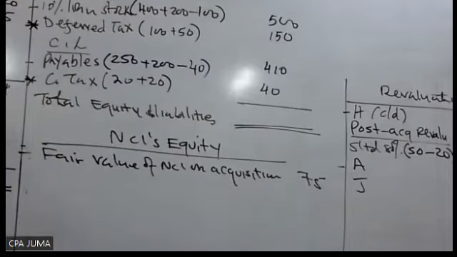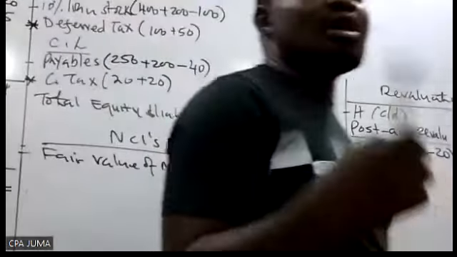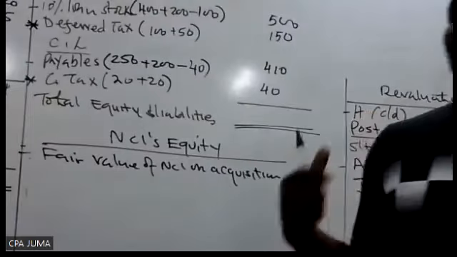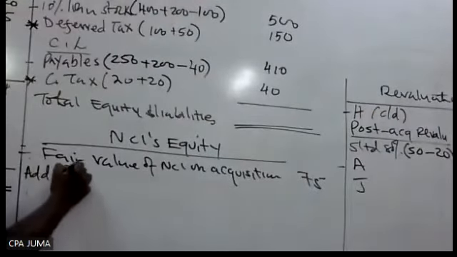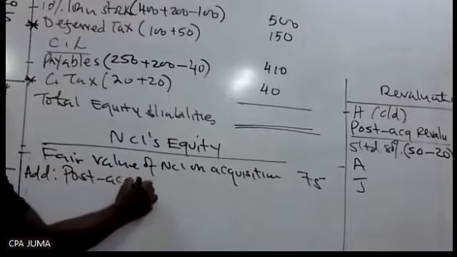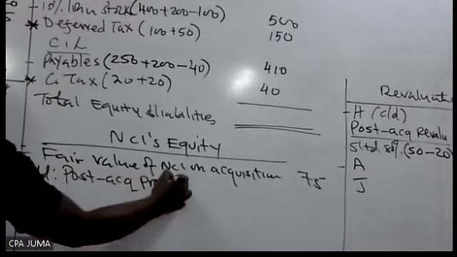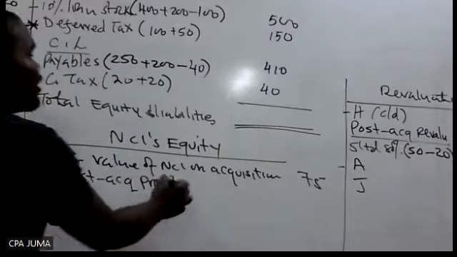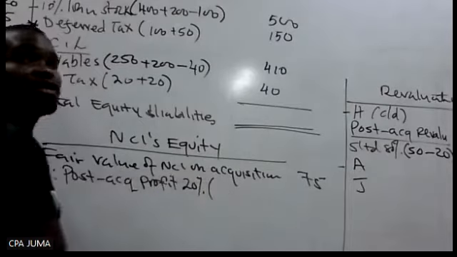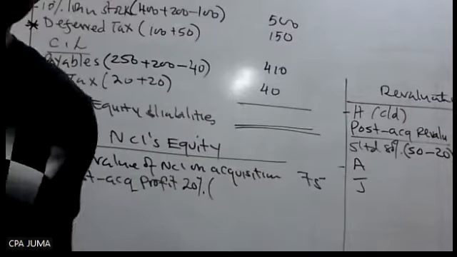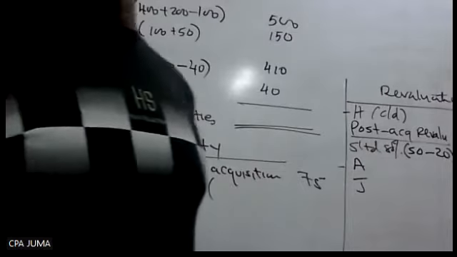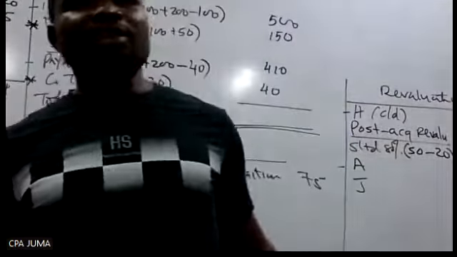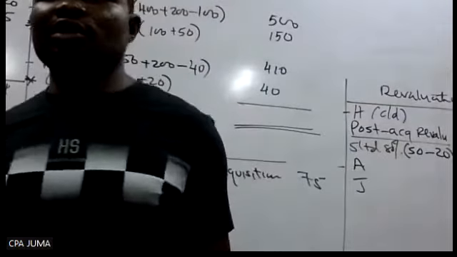So what will come after? You will add to them post-acquisition what? Profit. Any profit the company is making after acquisition, minority will take what percentage? 20%. So to get post-acquisition profit of S, take 20% of the balance sheet minus acquisition.